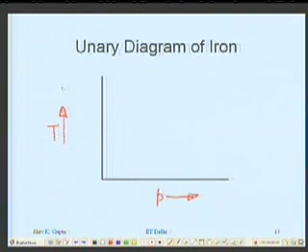Why I am doing this is all of the diagrams which I am going to talk about will have the y-axis as the temperature. So the unary diagram, or unary means one component system, I am going to see the temperature in this.